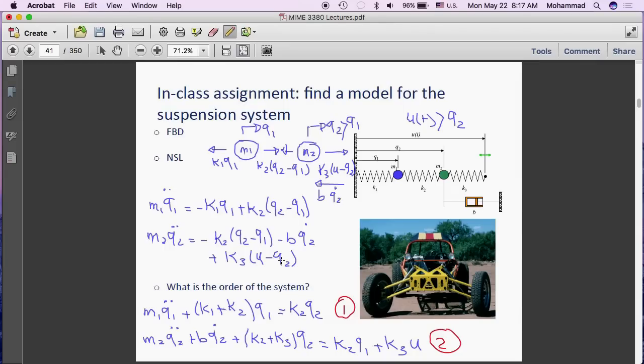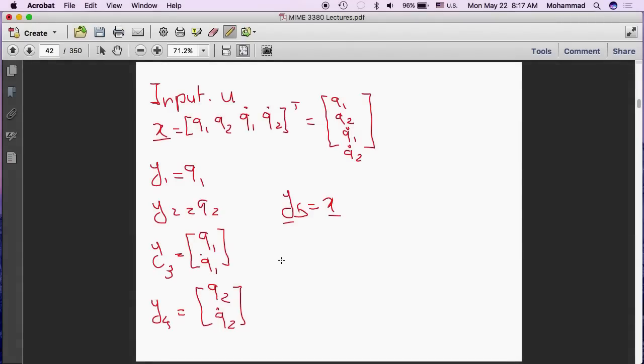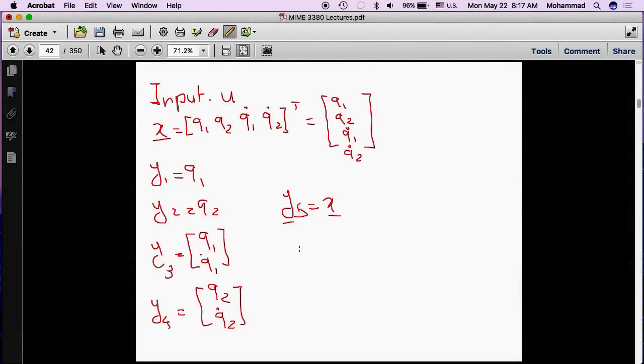The reason is, if you look at the standard second order differential equation, what do we call a standard second order differential equation?